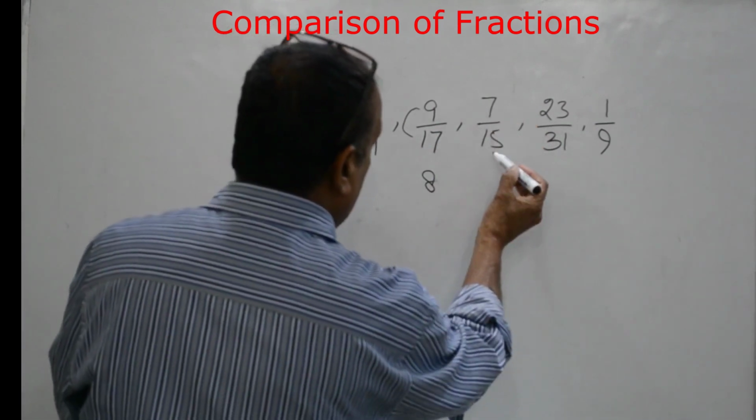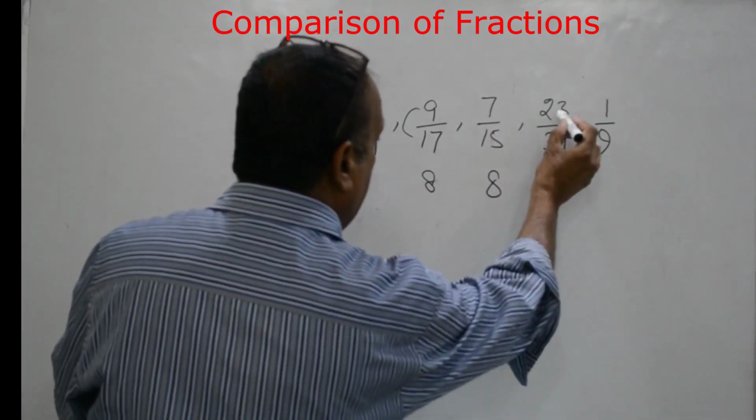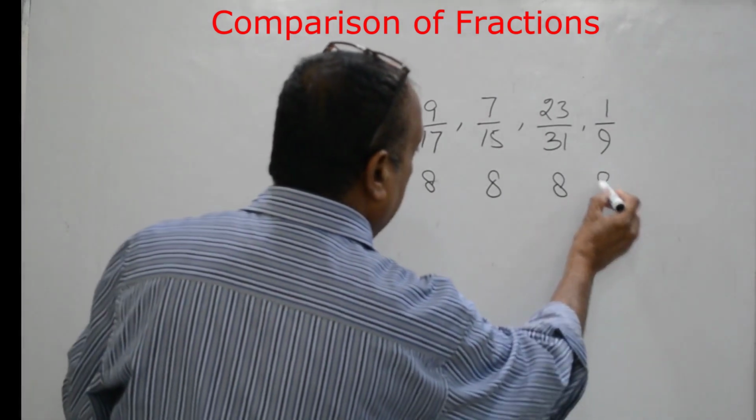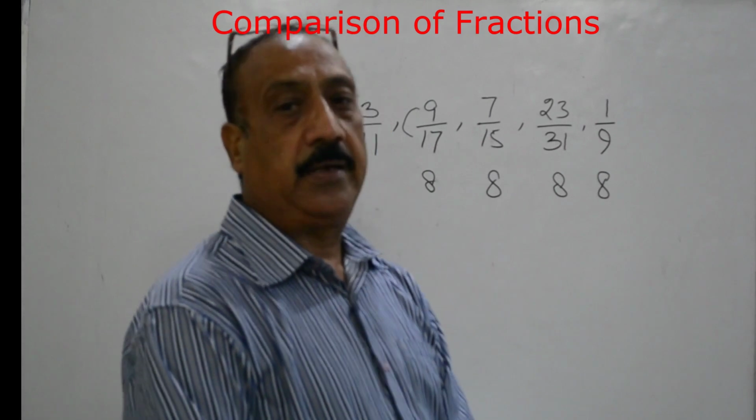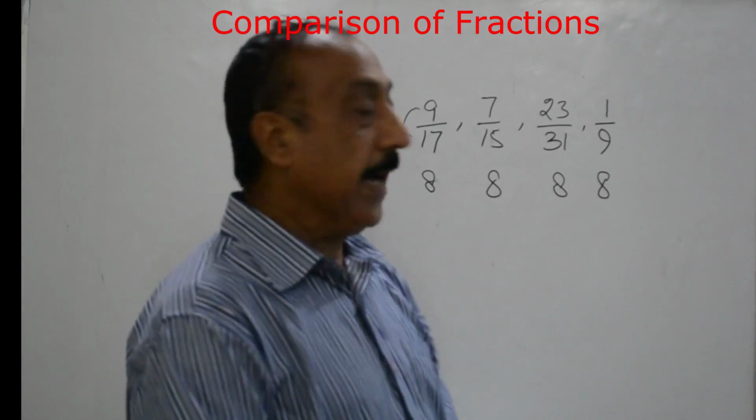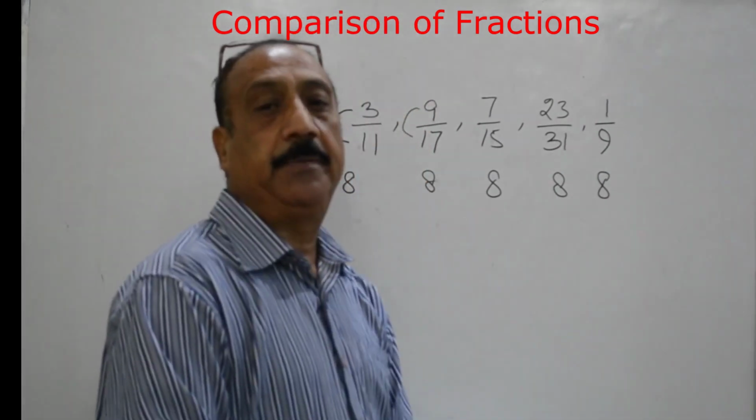Here again the difference is 8, and in all the cases you see the difference of the numerator and the denominator is the same, that is, in this case it is 8.